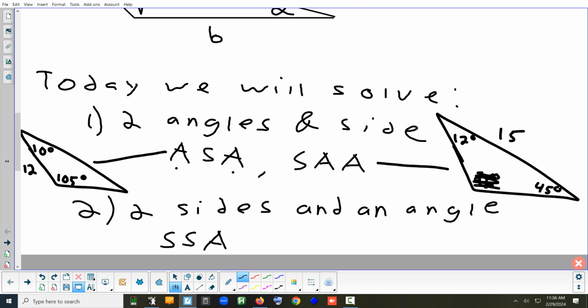And the 15 is on the left, the side. So now that is angle, angle, side. You can say it angle, angle, side, or side, angle, angle. That's the same thing. The point here is you've got two angles and a side, but the side is not between the two angles.